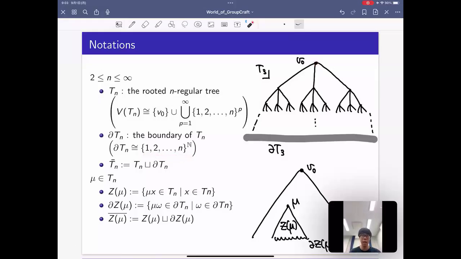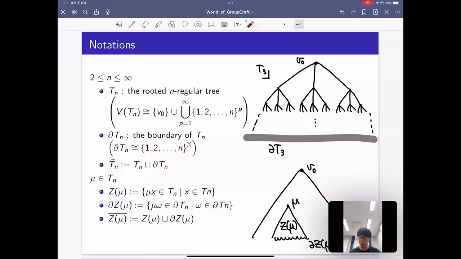Okay, and T̄n denotes the compactification of the tree, meaning that it's the union of the tree and its boundary. As the name suggests, it is a compact Hausdorff space, but we don't use it today, right?